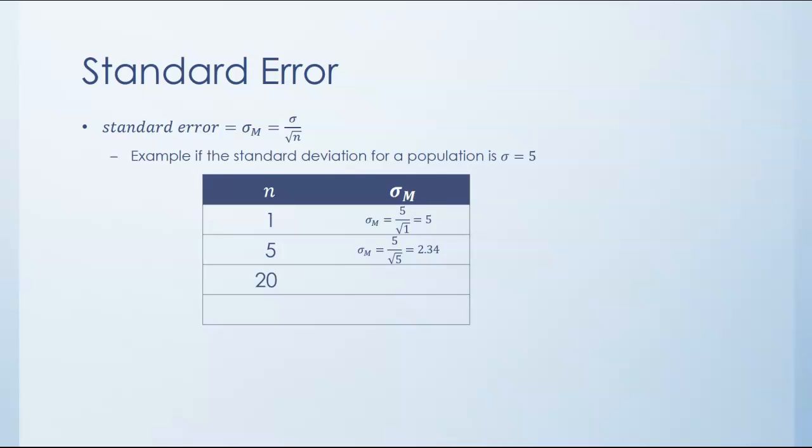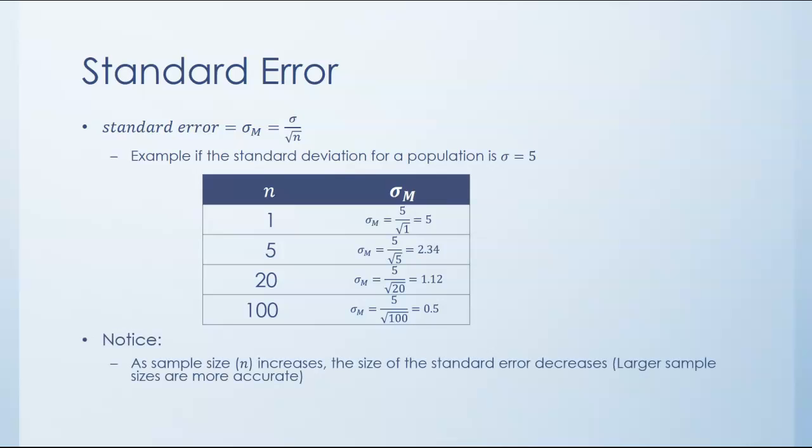So let's say we had an n of 20. Now we have 5 divided by the square root of 20, which is going to give us 1.12. Again, noticing that that is quite a bit smaller than the previous one. And let's do a big one here at 100. So we have 5 divided by the square root of 100, which is going to give us 0.5.